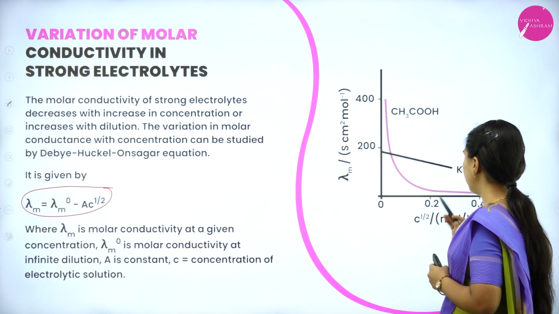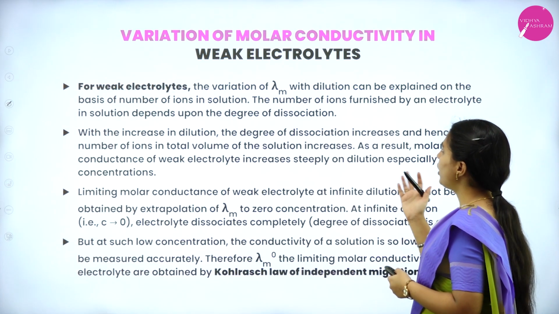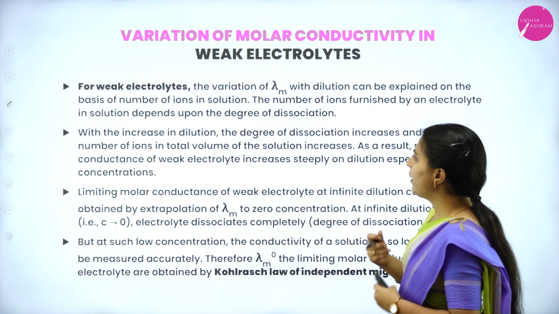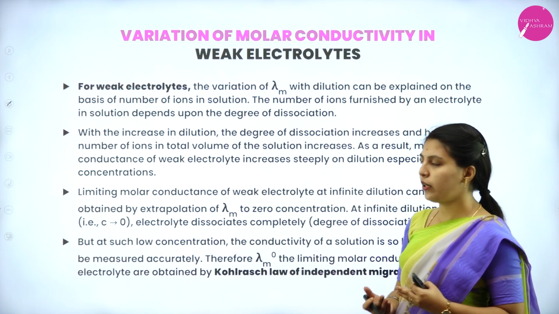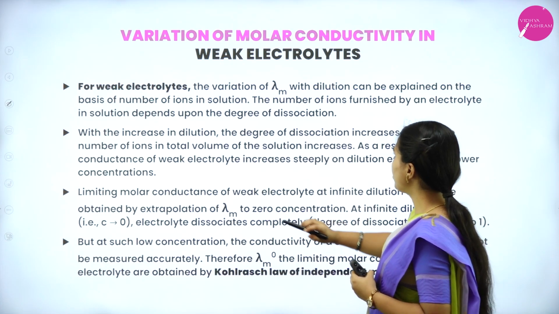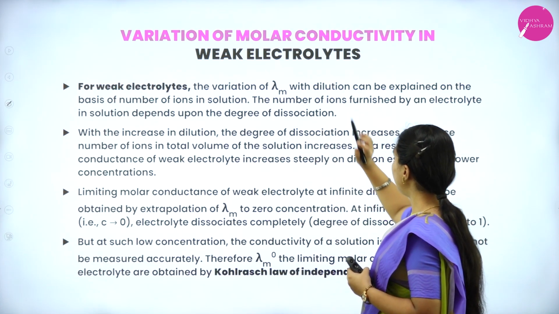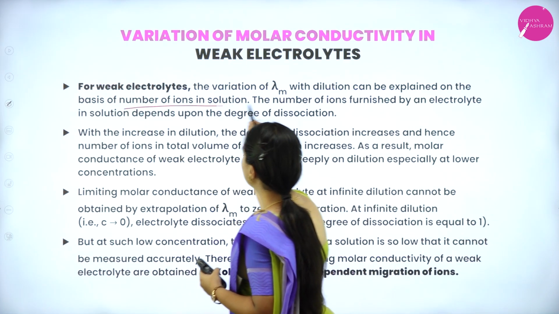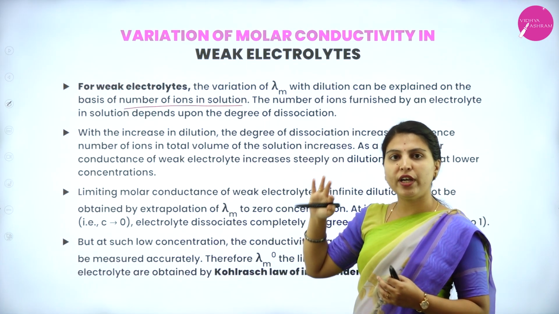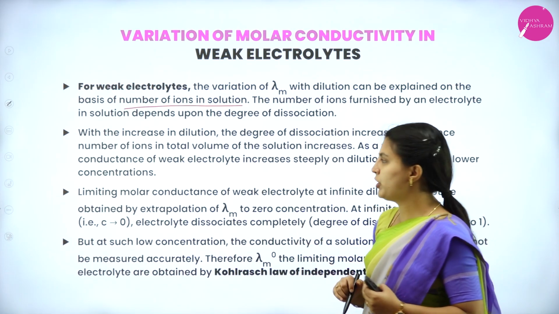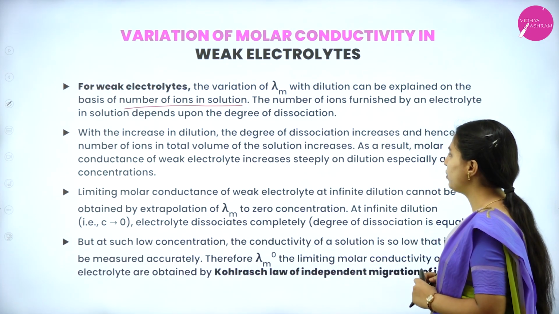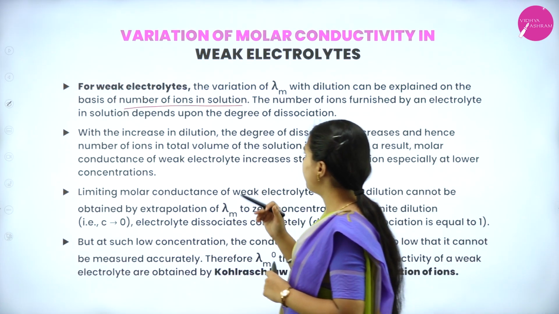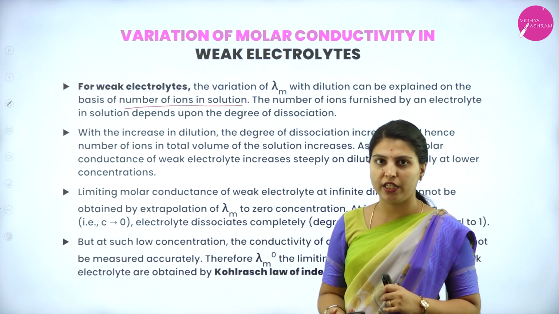Molar conductivity versus concentration. Next, variation of molar conductivity with respect to weak electrolytes. Here everything will be opposite to strong electrolytes. For weak electrolytes, the variation of molar conductivity with dilution can be explained on the basis of the number of ions in solution. The number of ions furnished by an electrolyte depends upon the degree of dissociation.